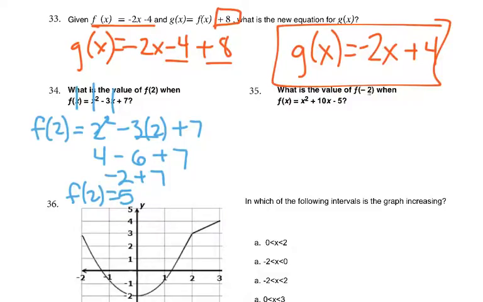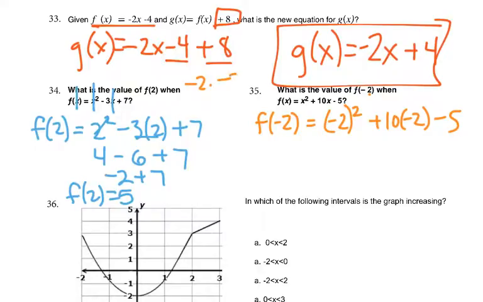For 35, we've got a negative 2, so I go f of negative 2 equals negative 2 squared plus 10 times negative 2 minus 5. Now, if you're using a calculator to type this in and figure it out, you have to put that negative 2 in parentheses. If not, it'll apply the square and not the negative.